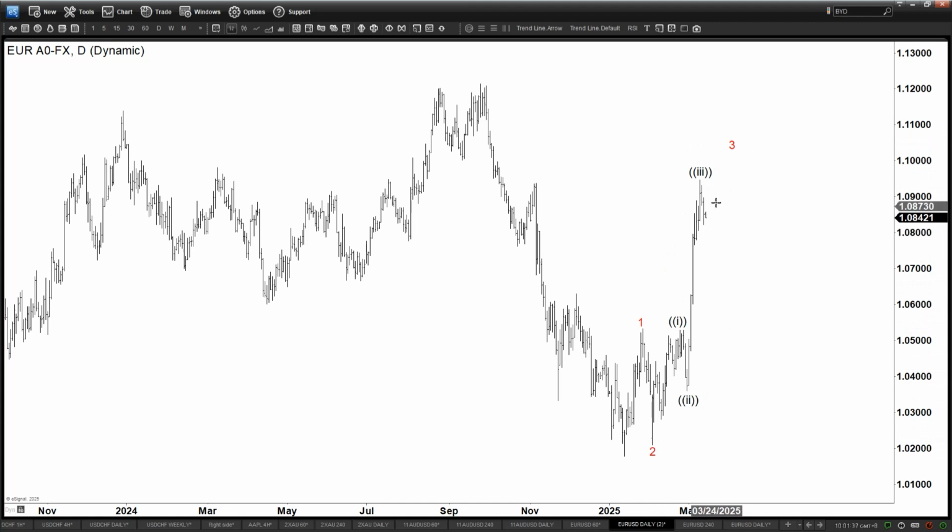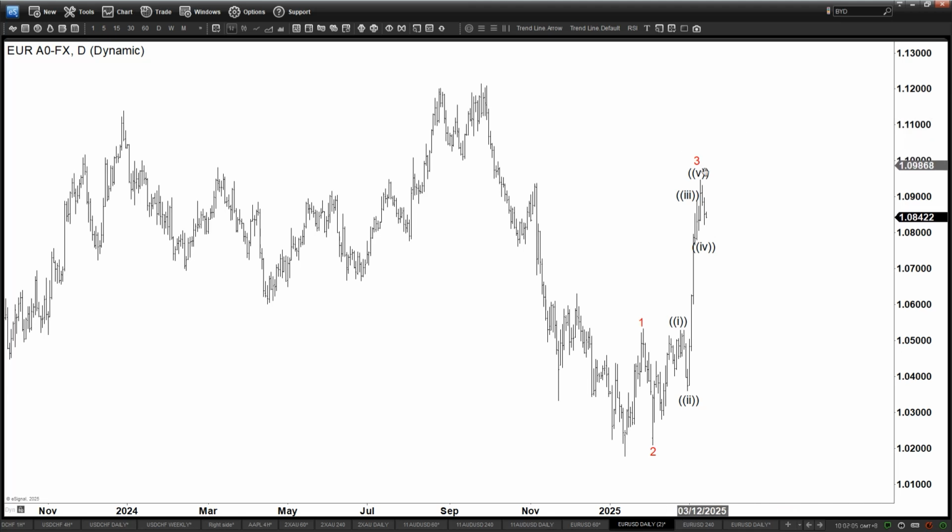The alternate here is that I can squeeze 3 and 4 here and call wave 3 completed here. Does it change anything? It does not. It's basically only changing the pullback, the name of the wave and the degree, and you can potentially see a bigger pullback if it is a wave 4 in the minor degree.